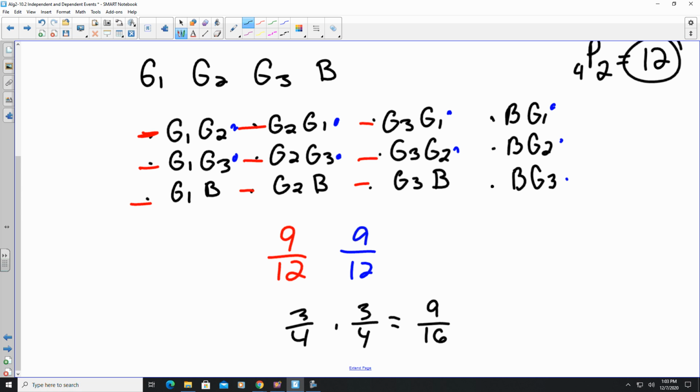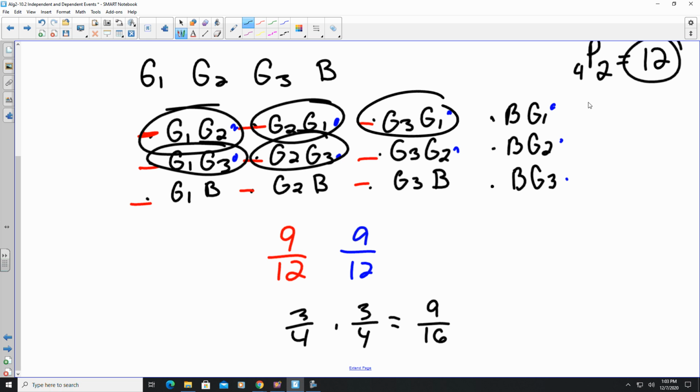So that would be now. Well, you have to look at the sample space and see, okay, how many have chosen girls both first and second. So we have 1, 2, 3, 4, 5, 6. We have 6 out of 12.